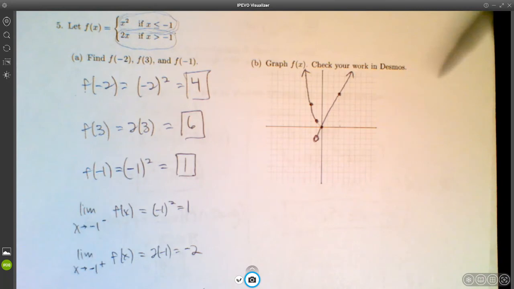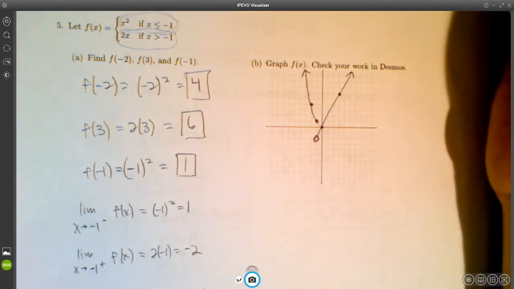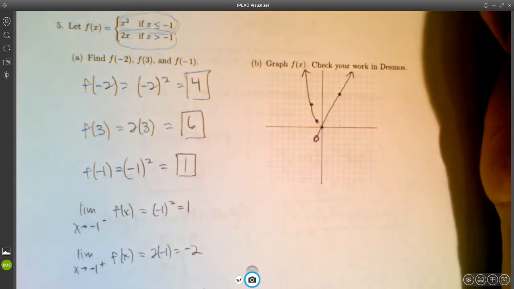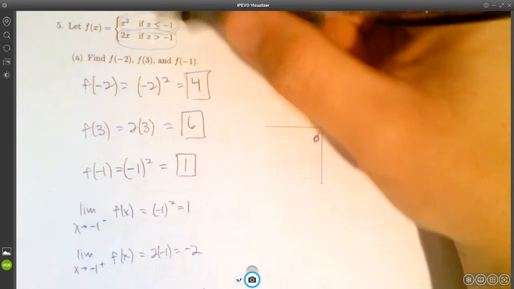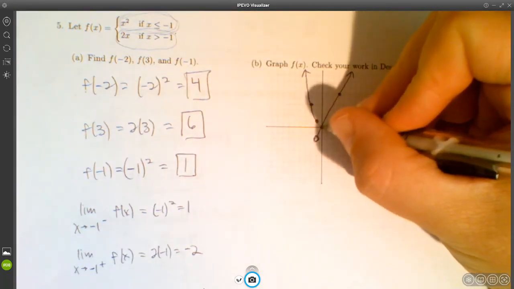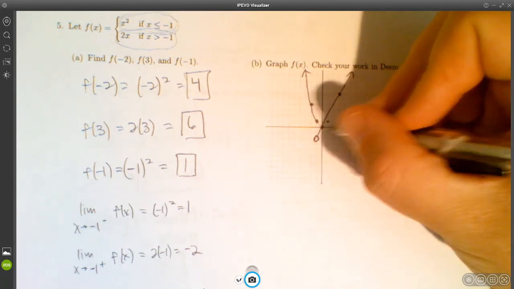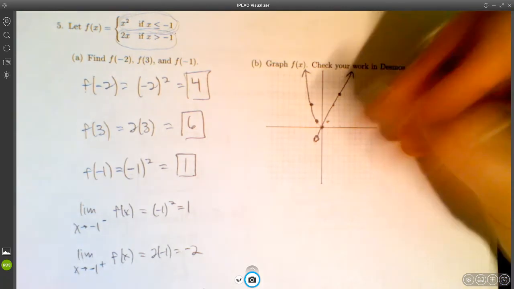All right. Another approach to graphing these things. Let me pull out a pencil. Another approach to graphing these piecewise functions is to just plot the entire function and then erase the parts that don't correspond to what you're trying to graph. So for example, if I wanted to graph x squared, it has a vertex at 0, 0, and then it goes through 1, 1, 2, 4, and so forth.